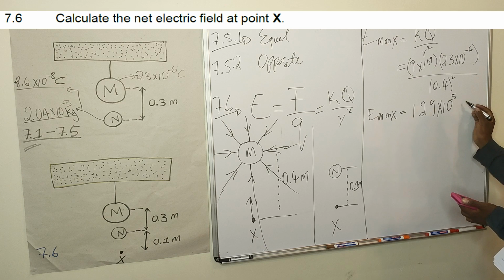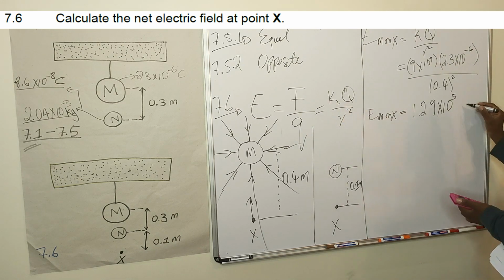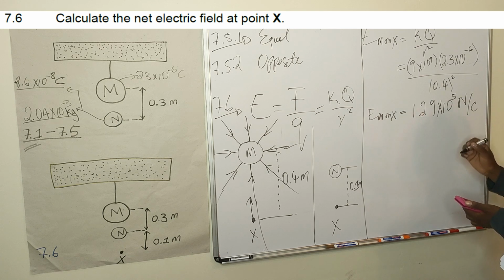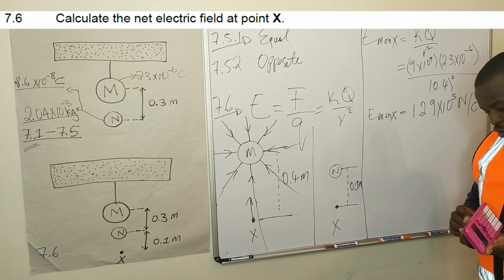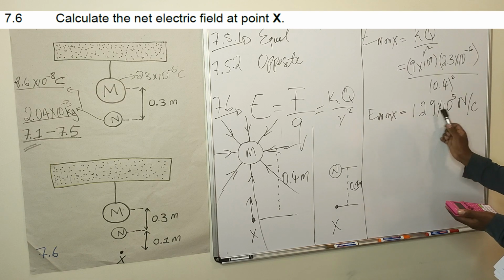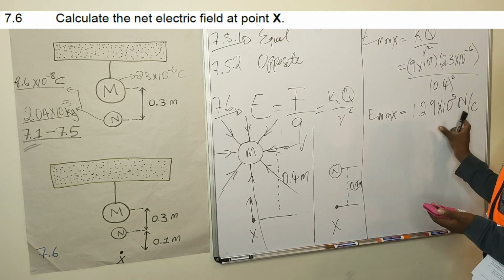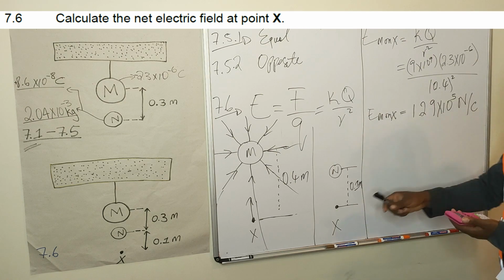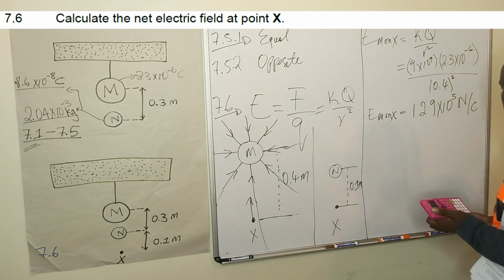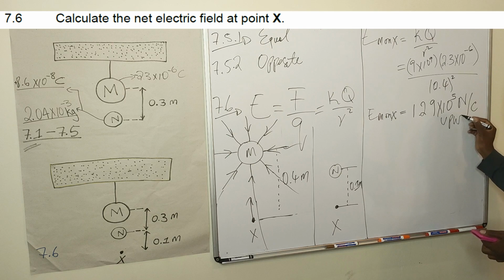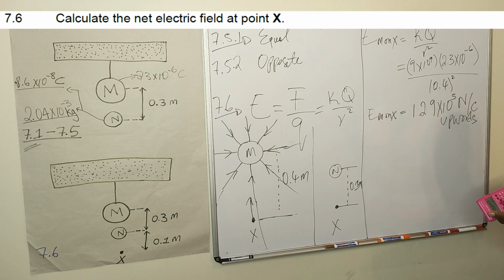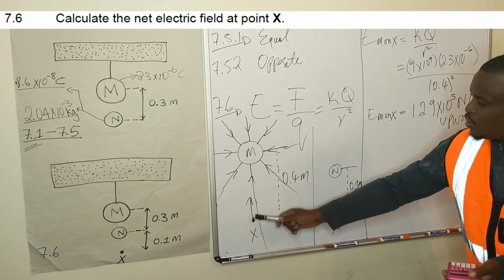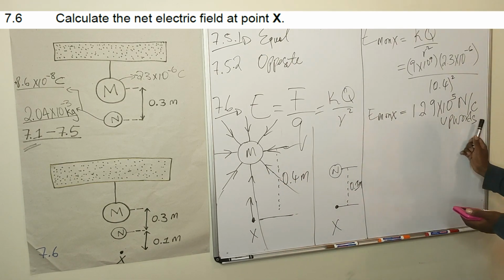What are the units of electric field? It's force over charge, which is newtons per coulomb. And electric field is a vector, so it has magnitude and direction. This is the magnitude, and the direction is upwards. So the electric field at X due to M is upwards.